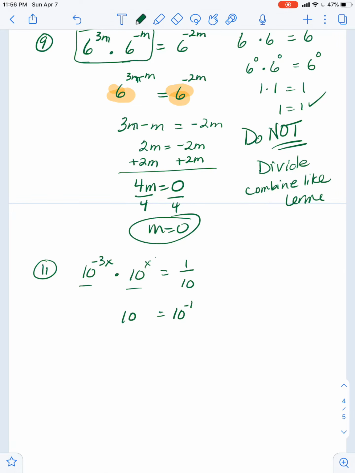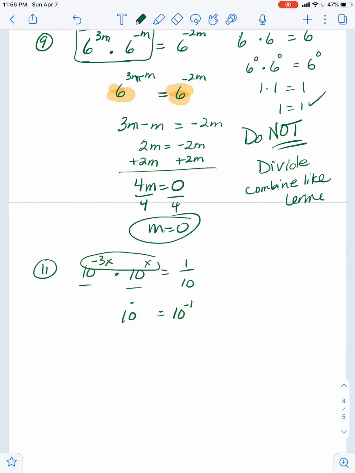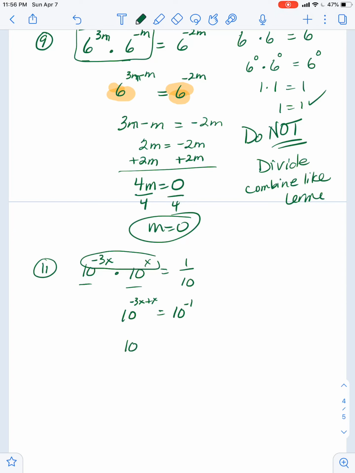Remember, we add the exponents. So a negative 3x plus x, I'll go ahead and write that there. Okay, so this is 10 to the negative 2x equals 10 to the negative 1. Remember reciprocal.